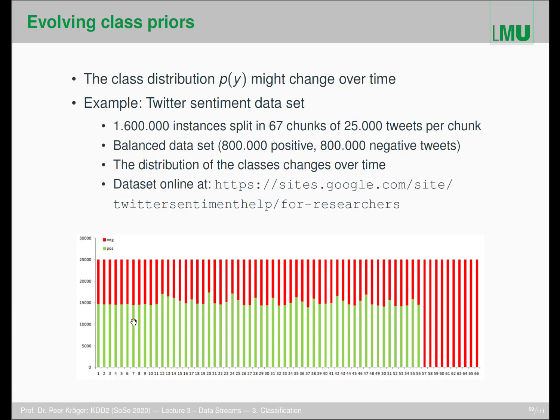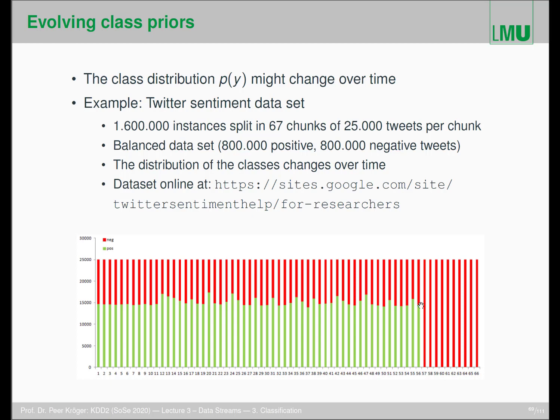And all of a sudden, so here the green ones are the tweets with positive sentiment, the red ones are the tweets with negative sentiment. So positive, negative is the target variable, and you see that the probability to have negative tweets is slightly smaller than having positive tweets, but it remains stable. The distribution between negative and positive remains more or less stable over time until here.